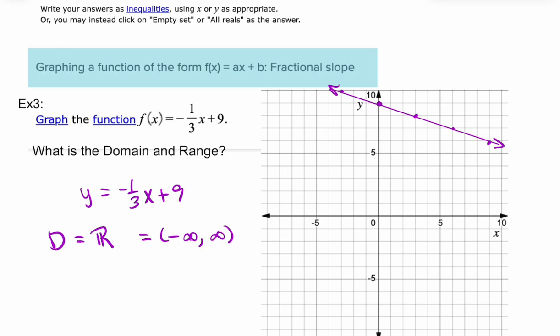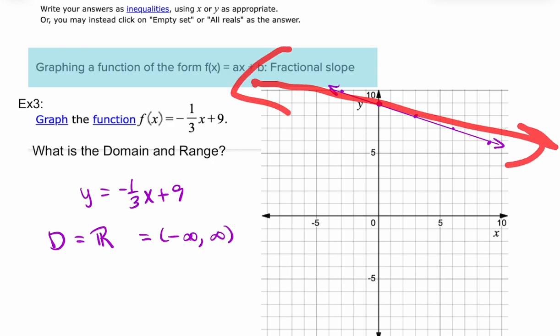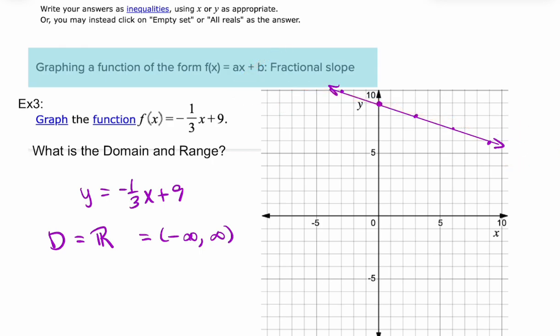Okay. Now the range of this graph, what y values are we going to come across? Well, just like the x's stretch forever from left to right, so that's why our domain was all real numbers. The lowest value that this graph will go to, well, it's going to go forever down. So I can pick whatever low heights I want, and however high I want.